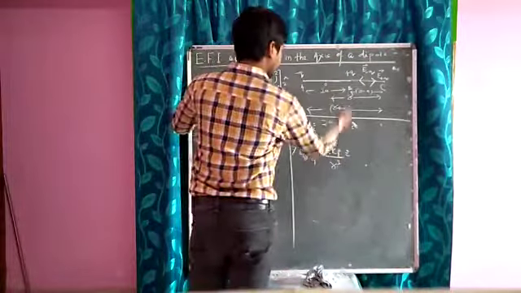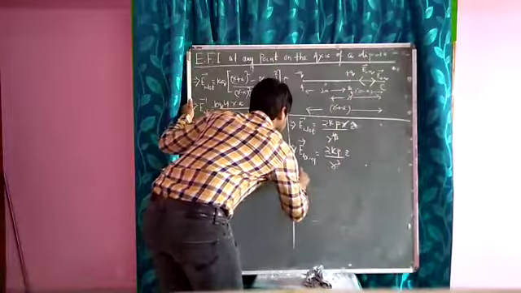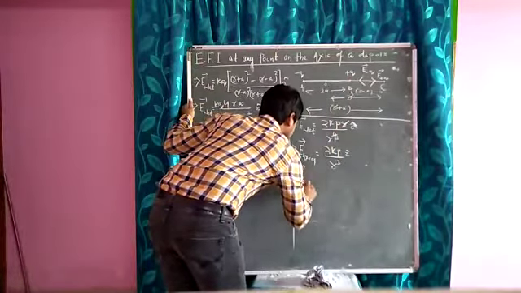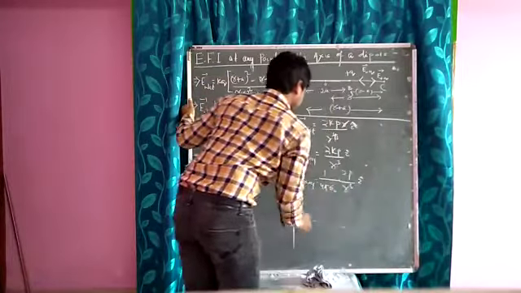Or if I put the value of k, then I will write E axial is equal to 1 by 4 pi epsilon naught 2p by r cube into I cap.